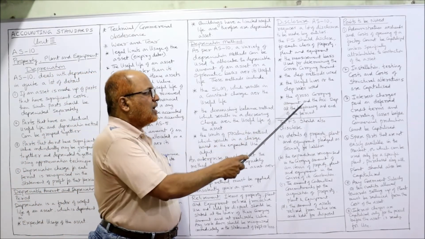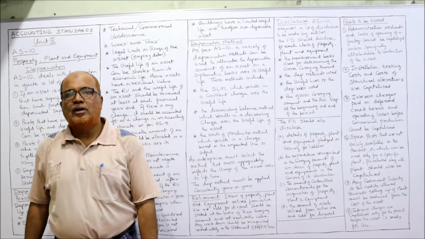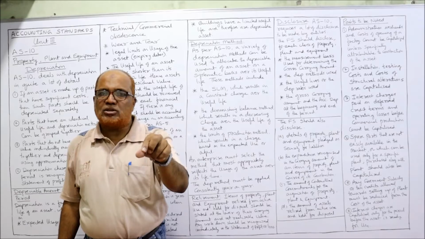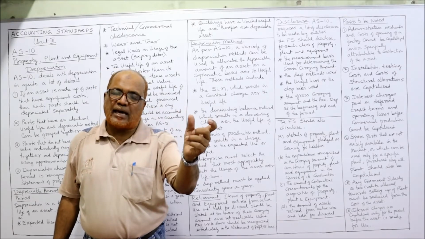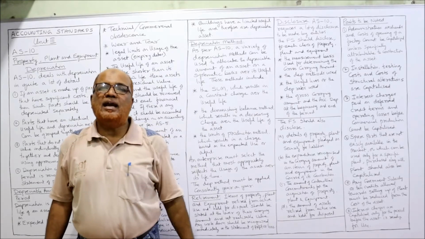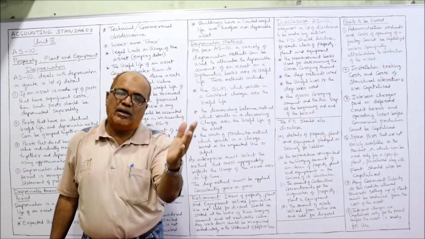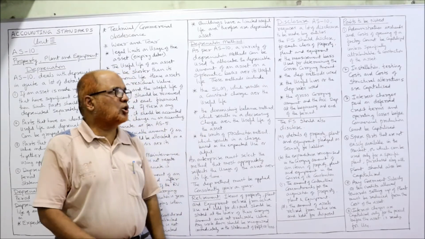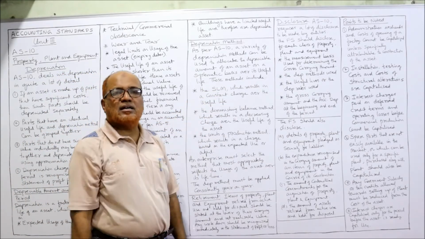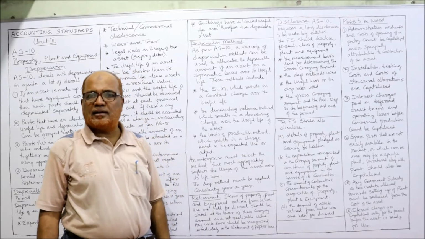Next, the gross carrying amount and the accumulated depreciation at the beginning and end of the period. The gross carrying amount minus accumulated depreciation will give the net carrying amount. So the net carrying amount at the beginning of the year and the end of the year should be disclosed. So these are the basic things which are to be disclosed according to AS 10.